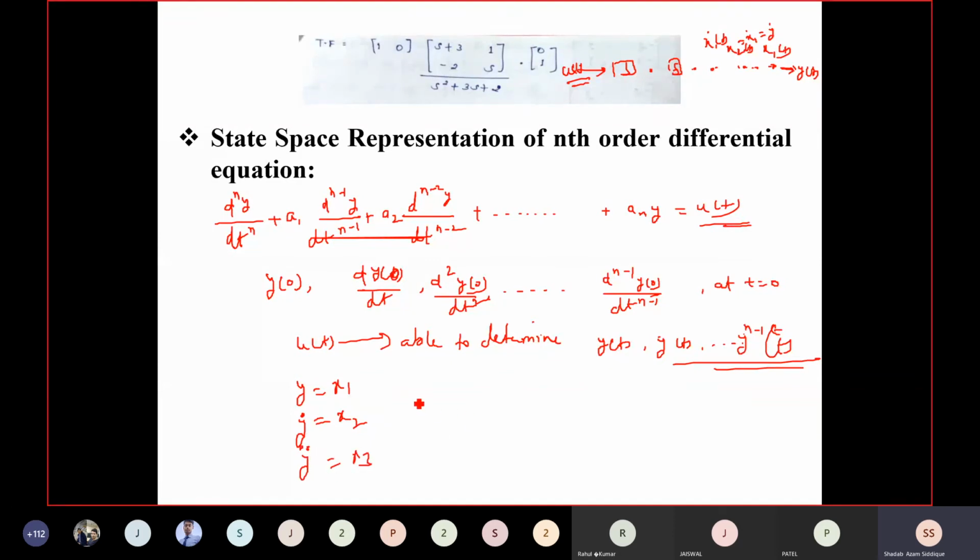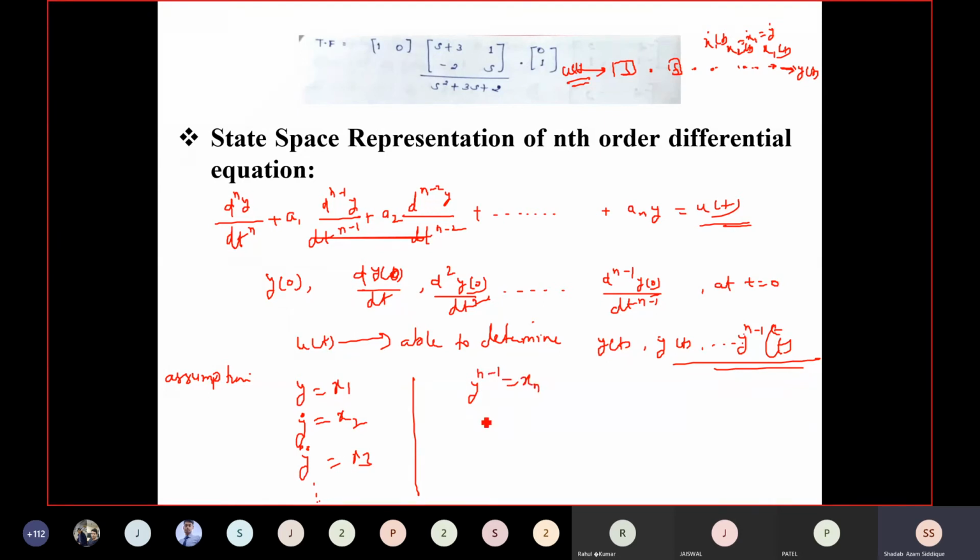Whatever we assumed in the previous problems, that is what we are taking. This is an assumption. Similarly, we continue, and we have y to the power n minus 1 as xn. That is the assumption we are taking here.